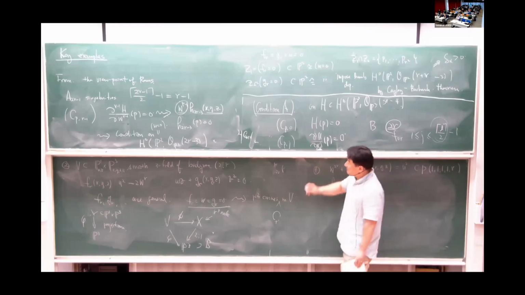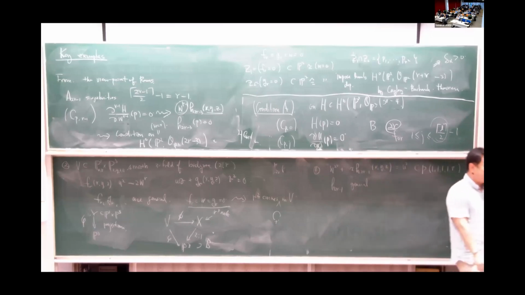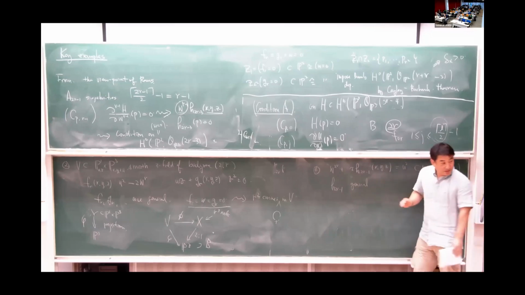By the same argument as in the first example, you take the hyperplane section by x equal to 0. Then you have two components for the divisor. That means that these components are non-Q-Cartier, right? So this is not Q-factorial, right?